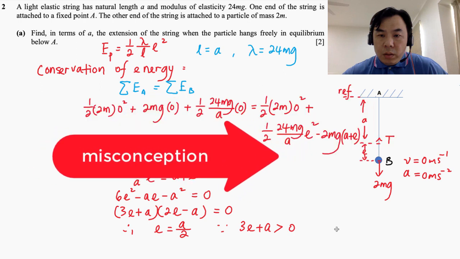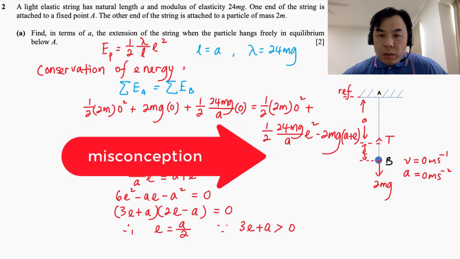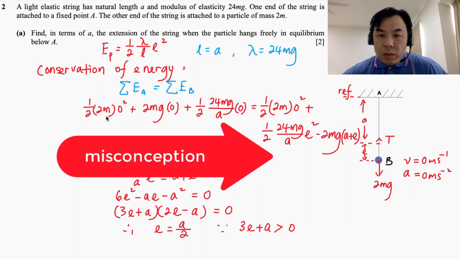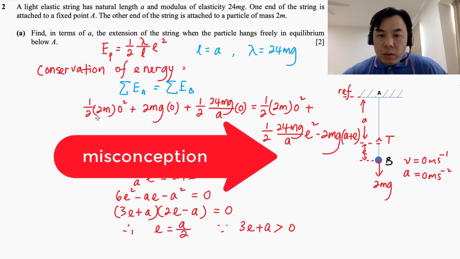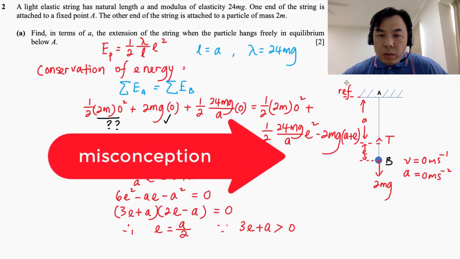Now I'd like to point out here before we move on to the B, you can see that for the second section of question 2, we will be applying the same strategy again. So the misconception here is, based on the question itself, we have no idea whether the object was released from rest or not. This one we are not sure. This one, yes, because we place our reference here.